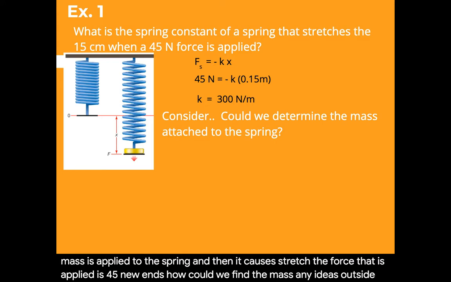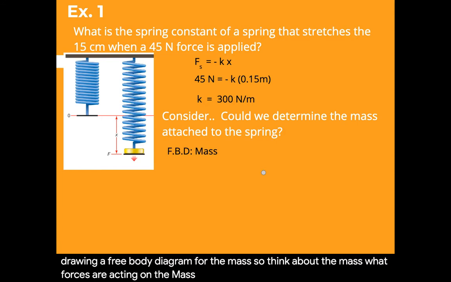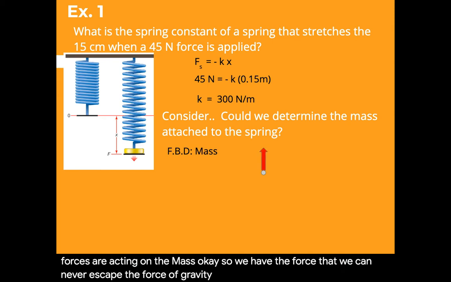Let's start out by drawing a free body diagram for the mass. So think about the mass. What forces are acting on the mass? Okay, so we have the force that we can never escape, the force of gravity, and the spring force, right?